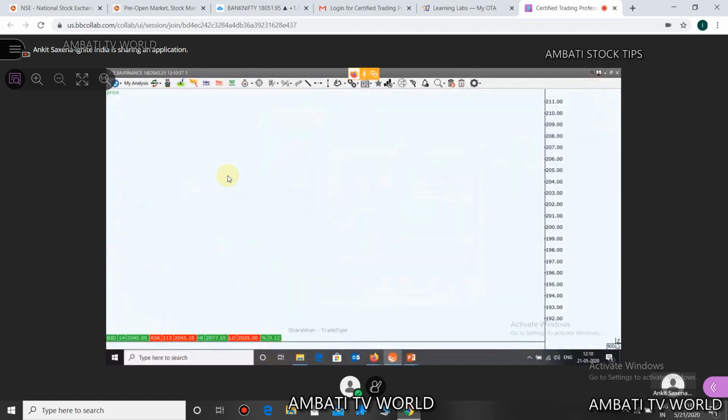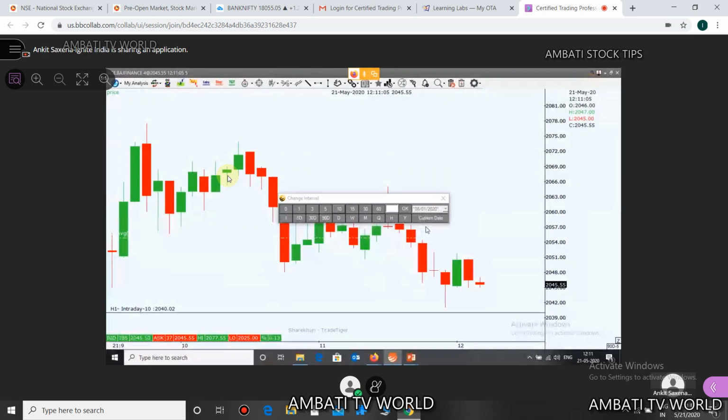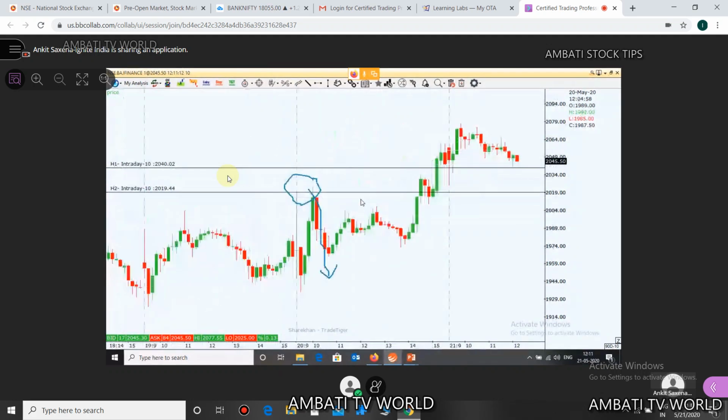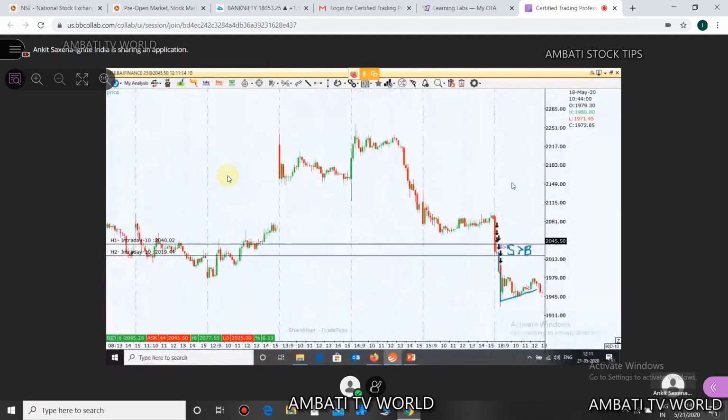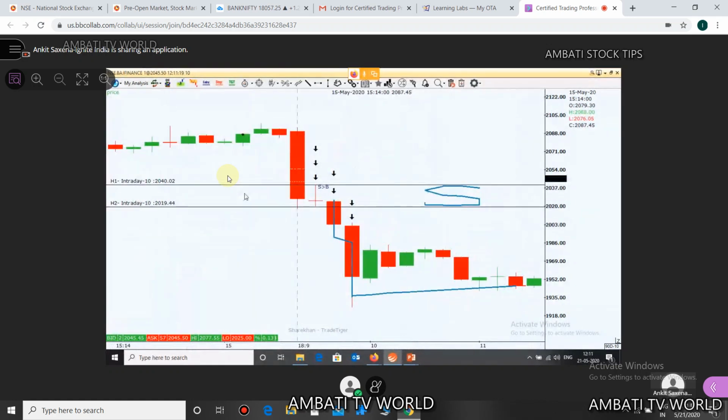Now the Bajaj Finance example that we have taken here. This is Bajaj Finance, the same example that we have taken here.